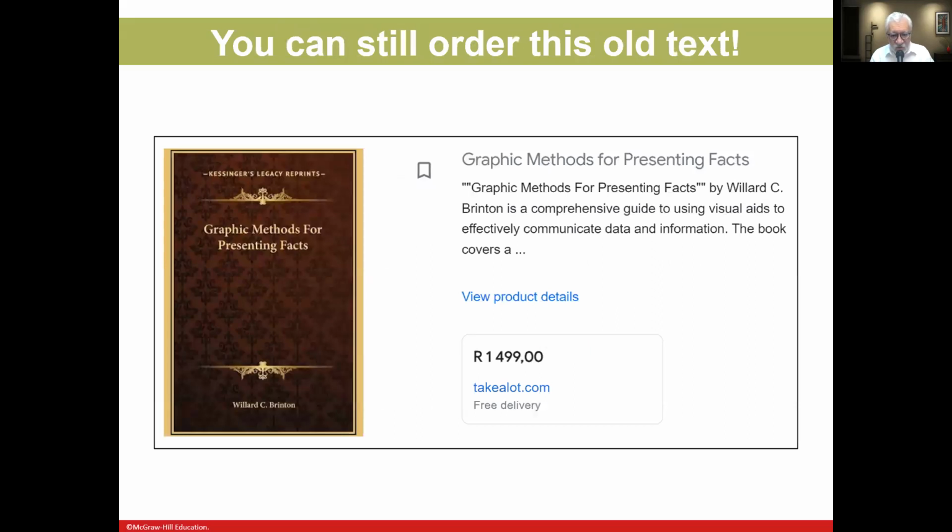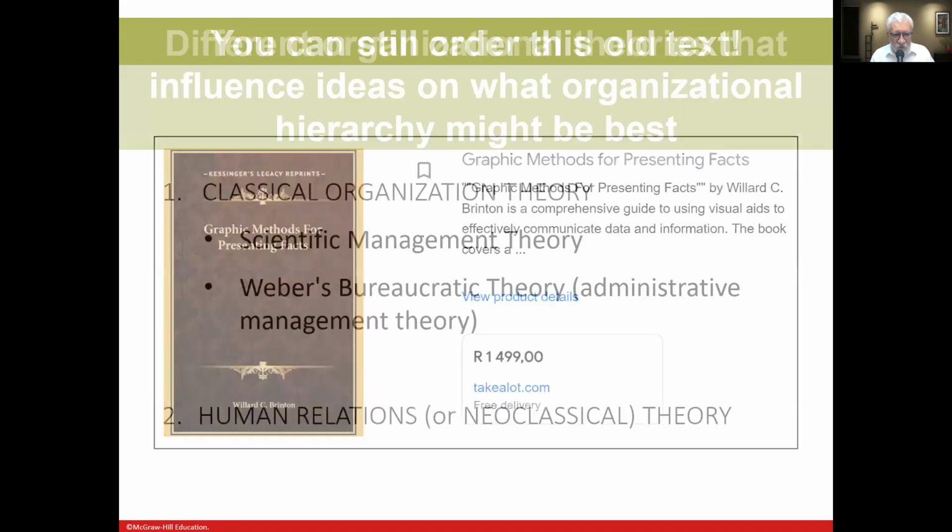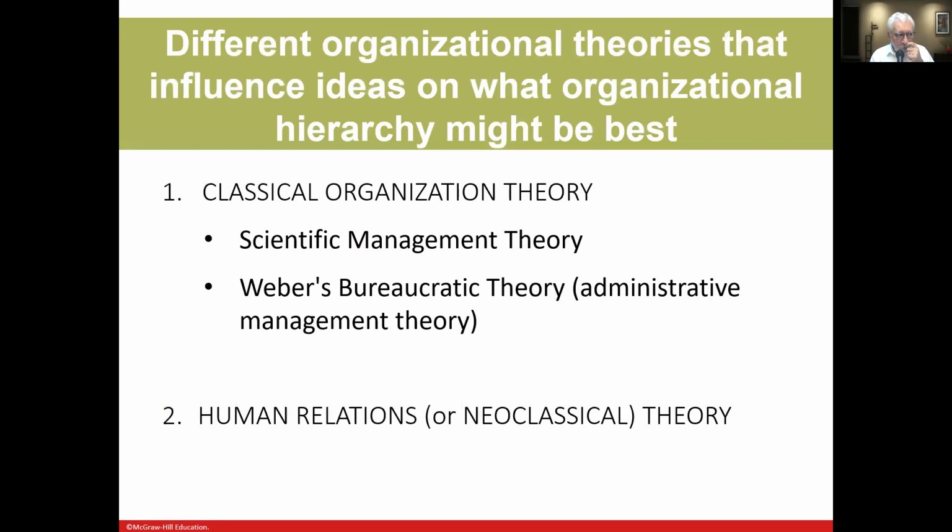But this book is now over 100 years old, and it's available on Amazon. What an amazing thing. So we know that if we started using organizational charts and graphical methods in the early 1900s, that it was probably linked to the guys who were talking to us about scientific management theory and bureaucratic theory.